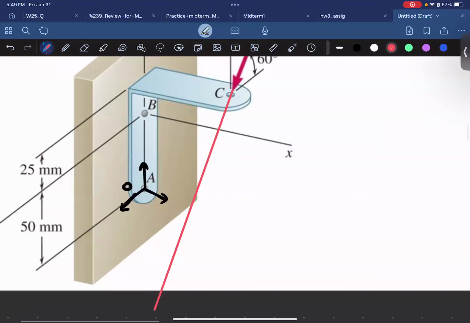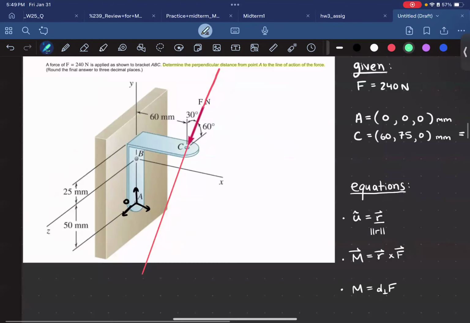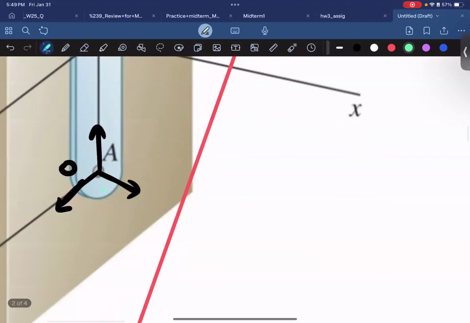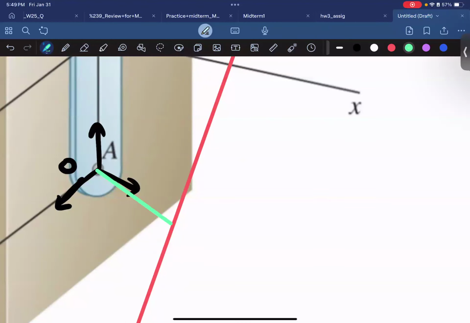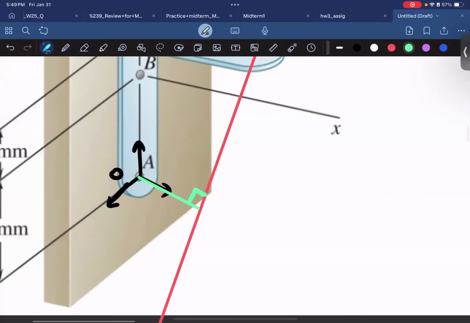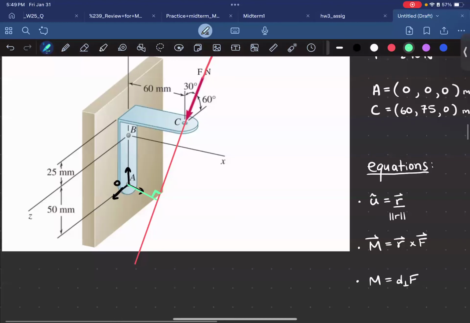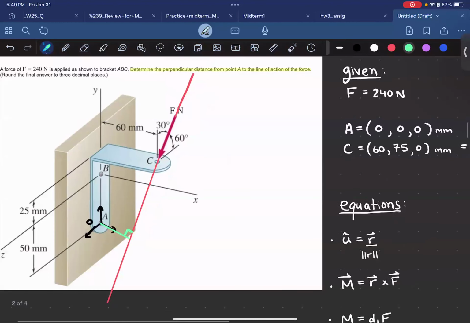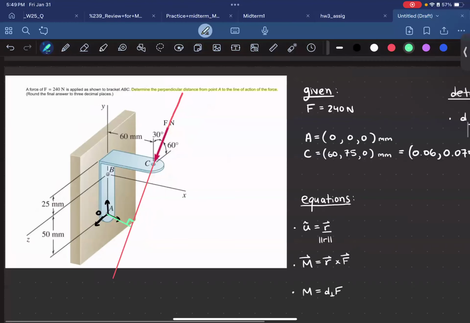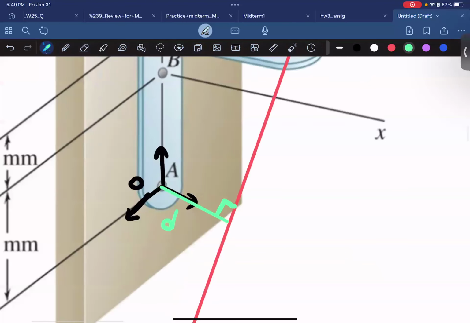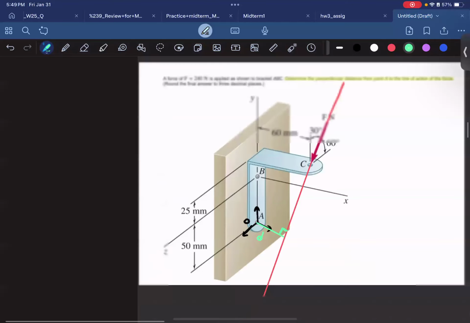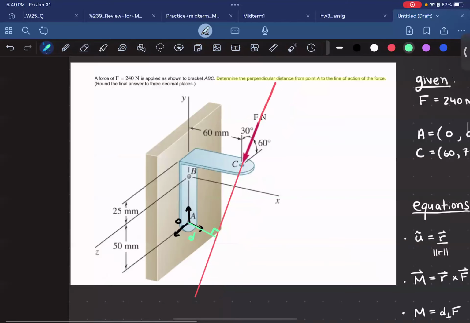And so what we want is, from A, this perpendicular distance coming out of the page, touching the line of action like this. And then this denotes that it's a right angle. So this green line that we see right here is the distance that we're looking for, the perpendicular distance. And so let's go ahead and start doing our analysis.